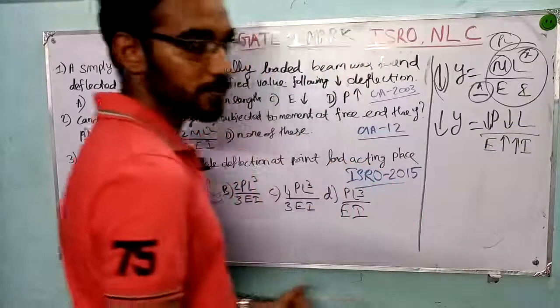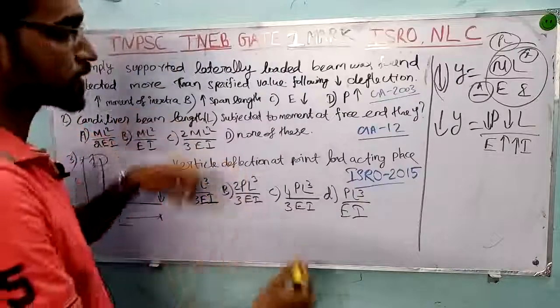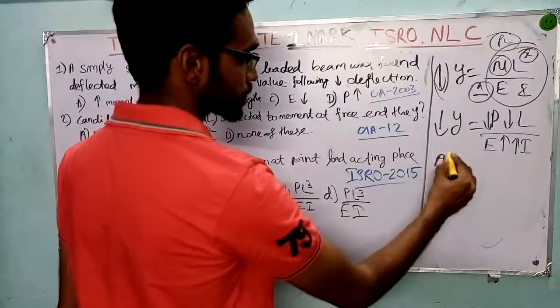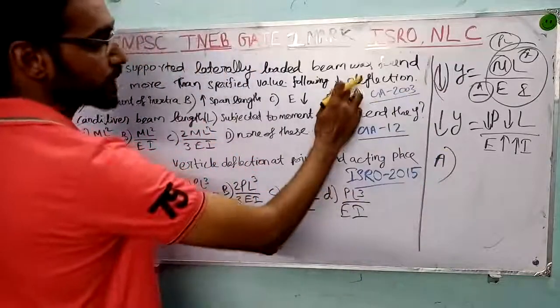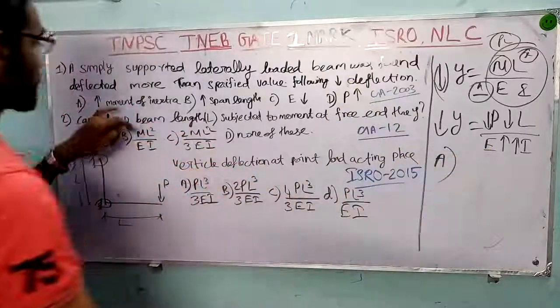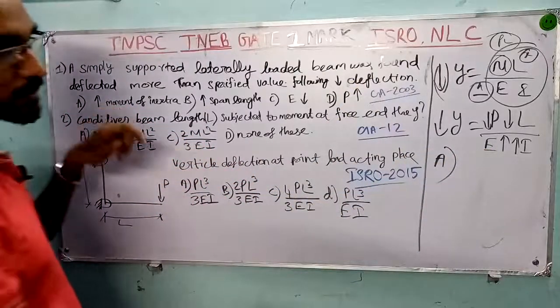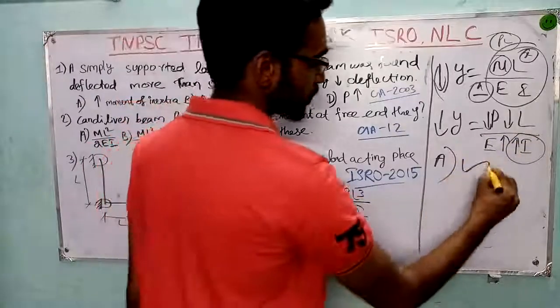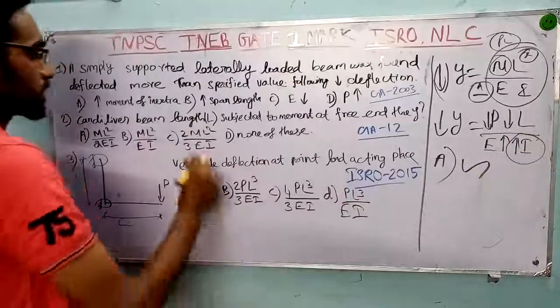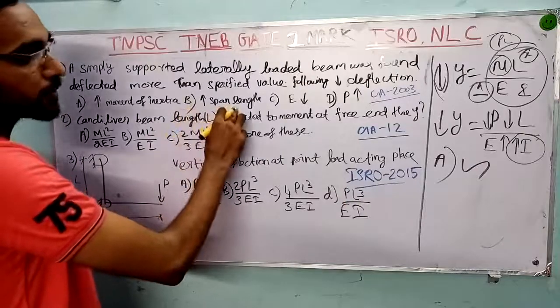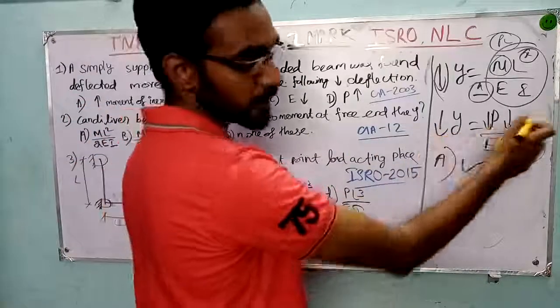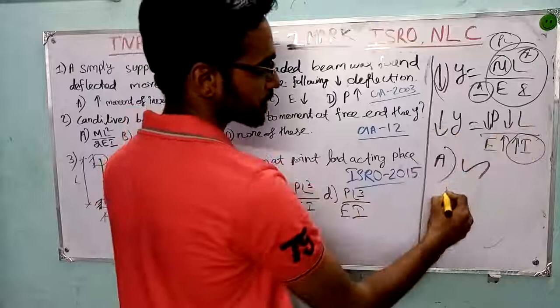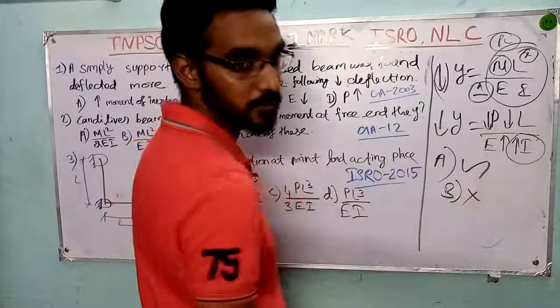So we check the four options. First option says deflection will be decreasing, then moment of inertia will be increasing, so the first option is correct. Second option says the span length will be increasing, but it is directly proportional, so length will be decreasing, so that option is wrong.